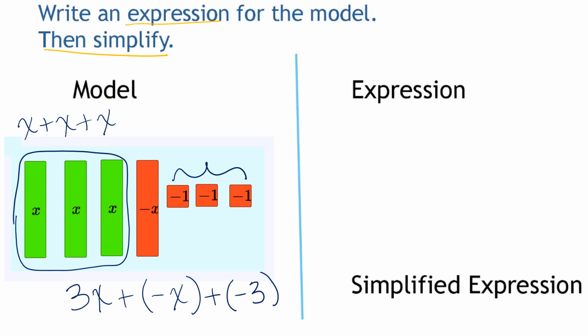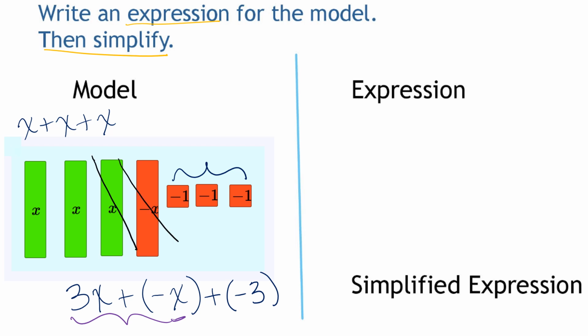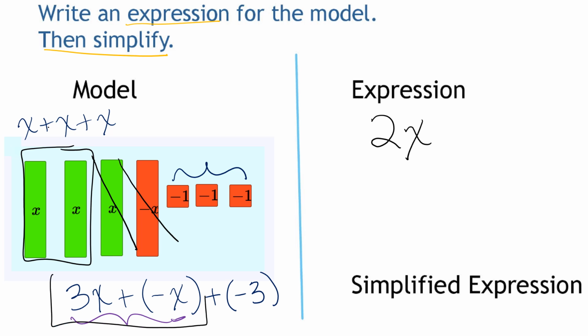So if we combine our like terms and we use the zero value strategy, we can say a positive X and a negative X goes to 0, so that's going to leave us with 2 positive X's. So our expression is going to be 2X.